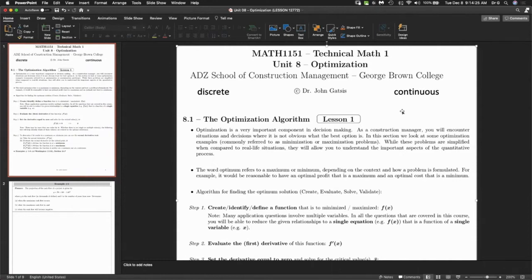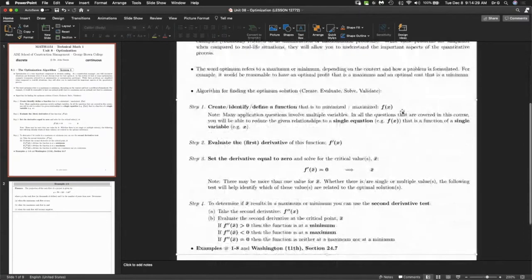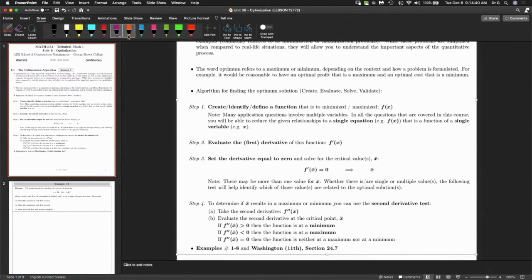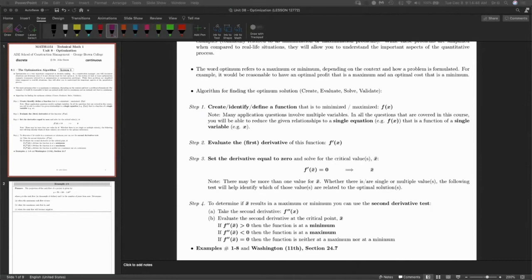Now, regarding optimization, there's a 4-step process here, and I have it right on the page. So you really want to hone in your attention on these things. It says here 4 steps, and the first step is to create or identify a function that is to be optimized, that is maximum or minimum.